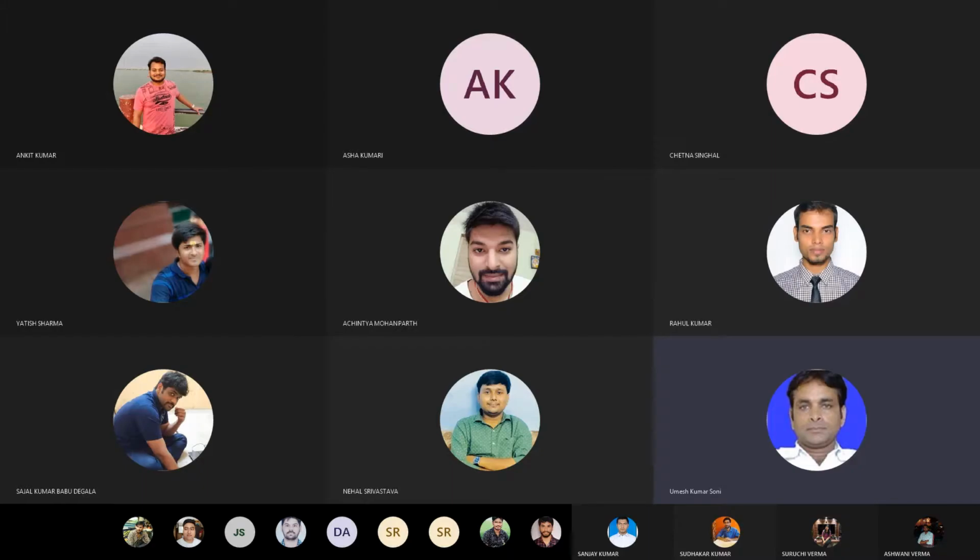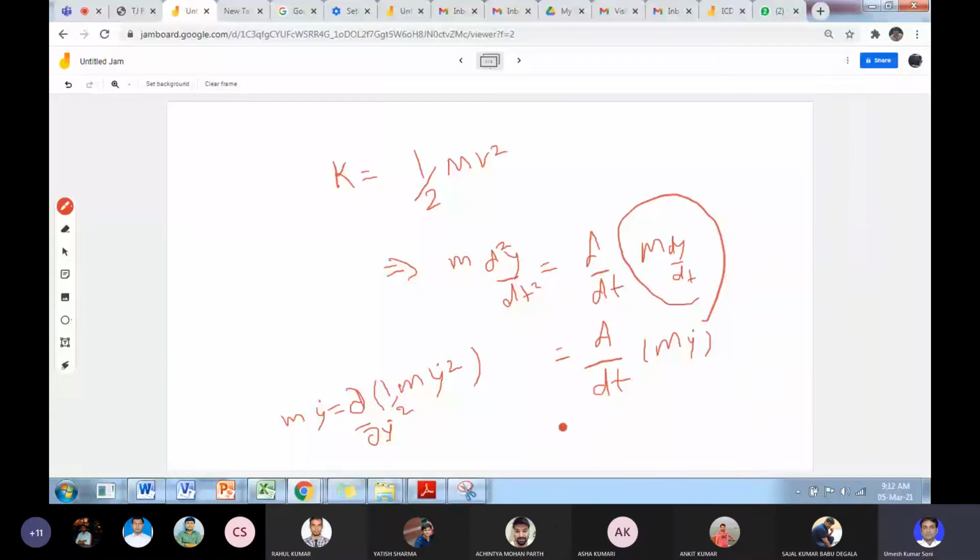Square. Okay, so what is this kinetic energy? The kinetic energy of the system is the time derivative of this term. Okay, and this is called the Lagrange.